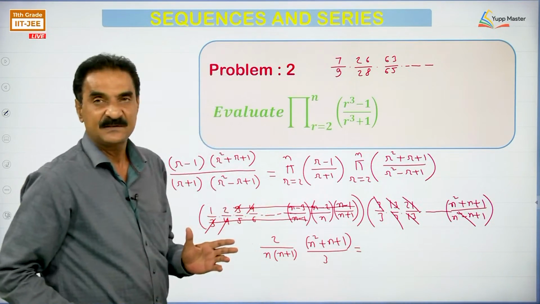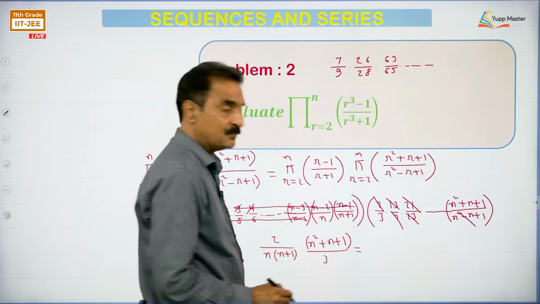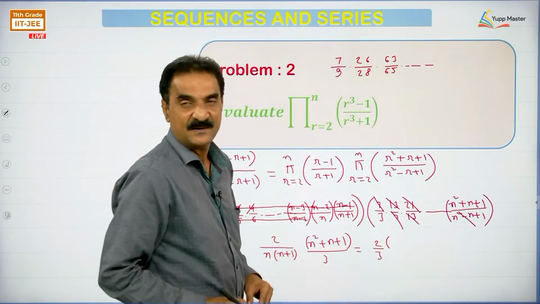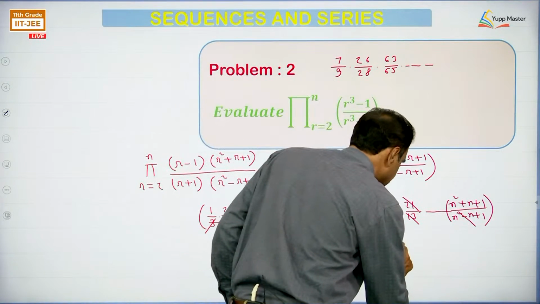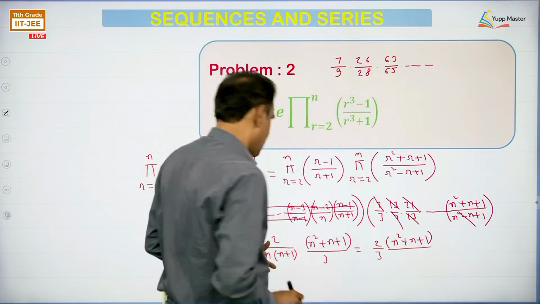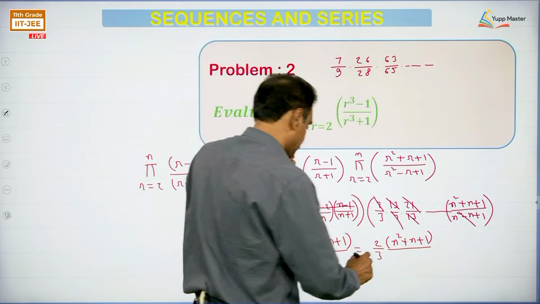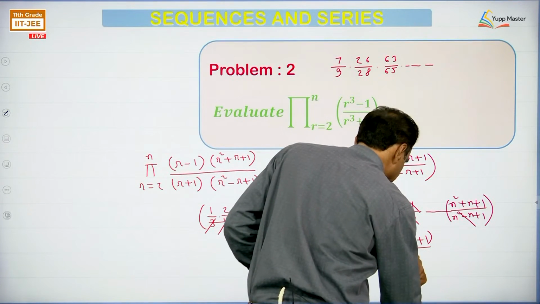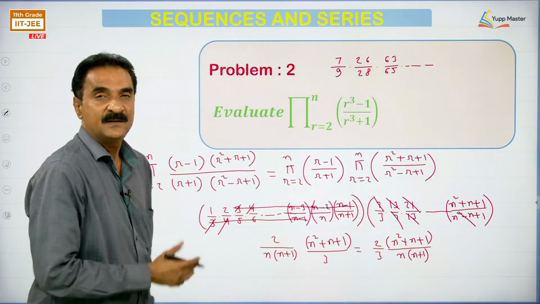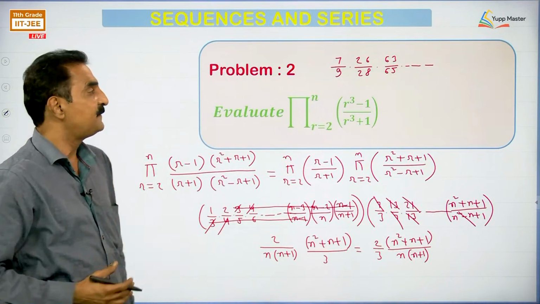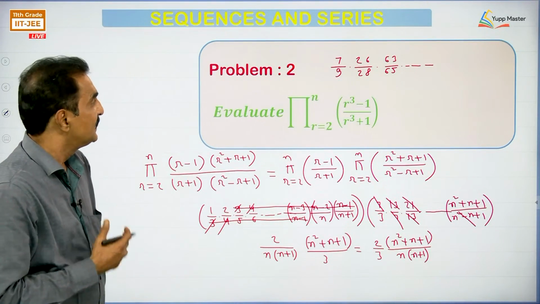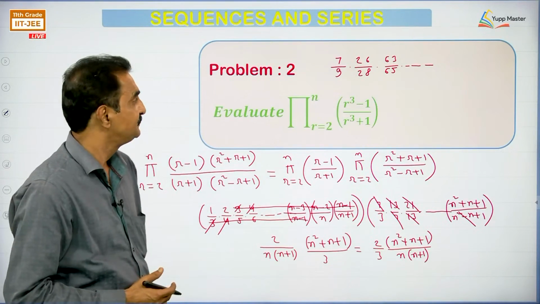So, the final answer is going to be 2 by 3 into n square plus n plus 1 by n into n plus 1. Alright. This is the method of finding the product of n terms by using telescoping product. Now, let us proceed to the next question.